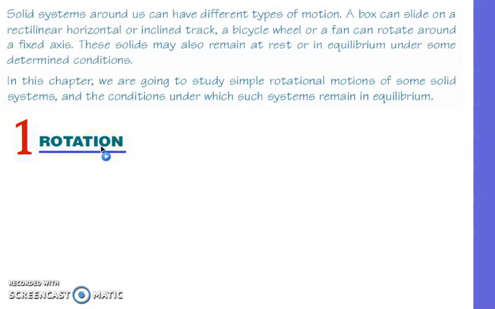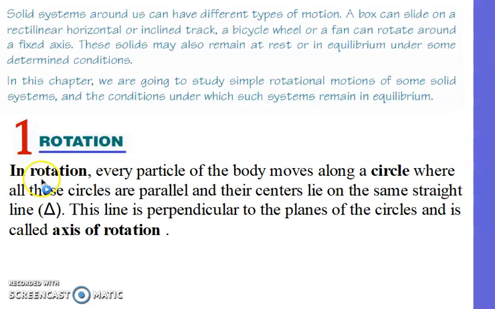So here in rotation, every particle of the body moves along a circle, where all these circles are parallel and their centers lie on the same straight line. We usually call it delta. This line is perpendicular to the planes of the circles and is called the axis of rotation, like when you open or close a door.